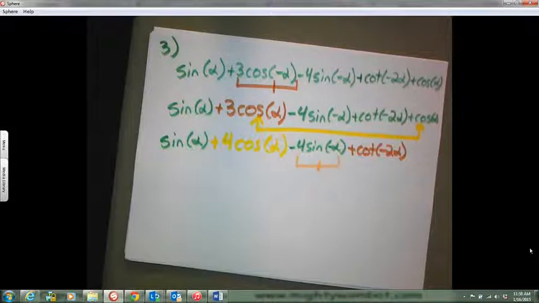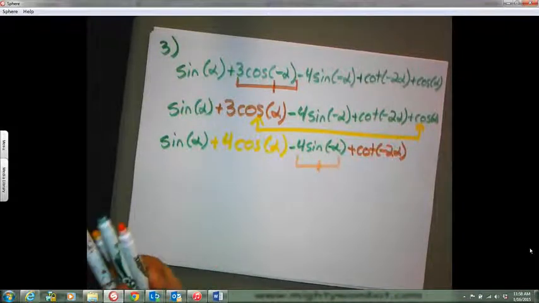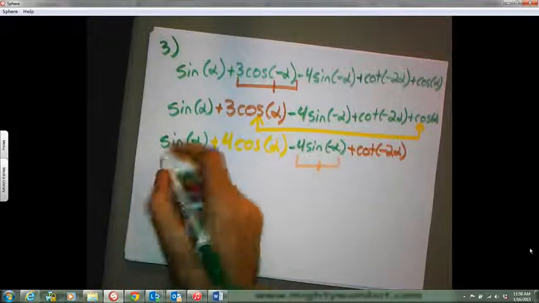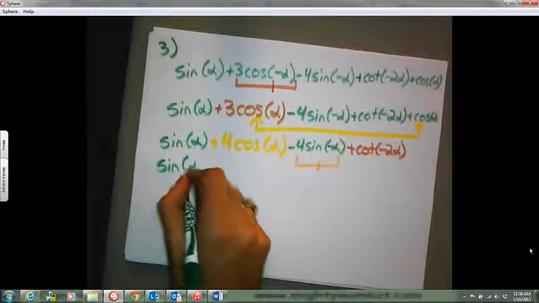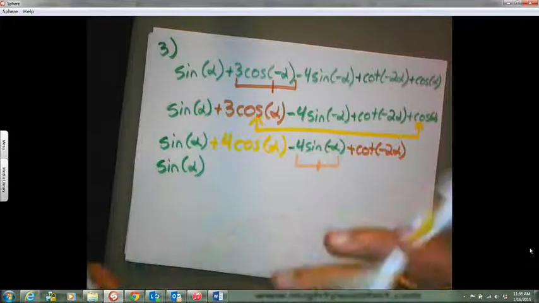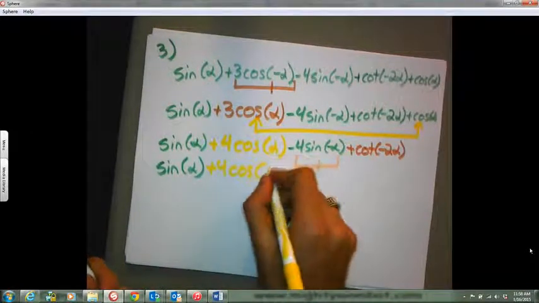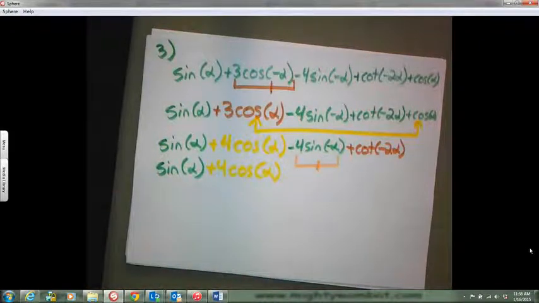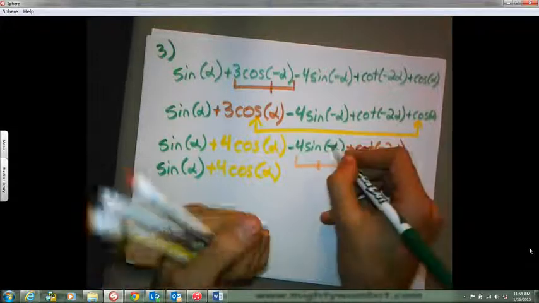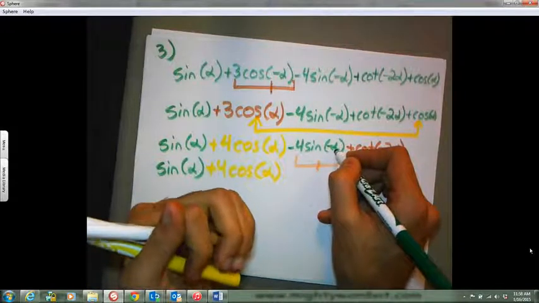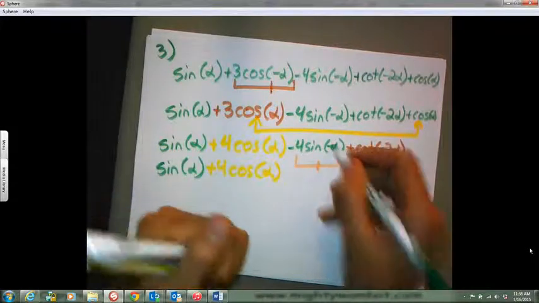So, again, I'm not going to touch anything else. I'm going to leave this here. But this time, we have something very interesting happening. This is 4 sine of negative alpha. Because sine is an odd function, we cannot just drop the negative away.